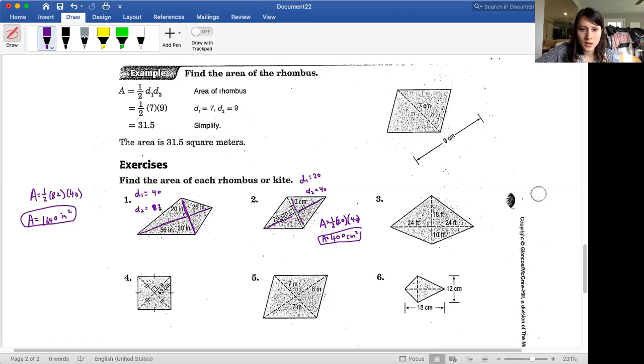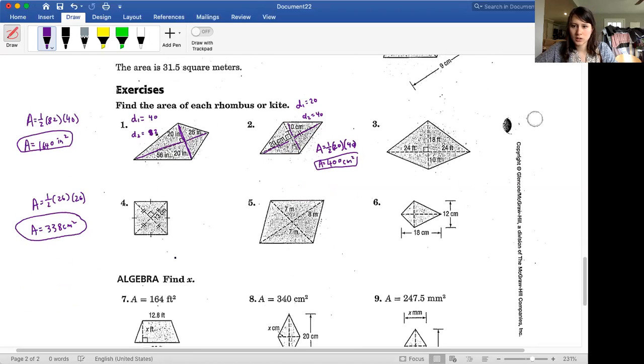Number 4, all the parts of the diagonal are the same, so I have 13, 13, 13, 13. When I multiply to find the area, it's 1/2 times 26 times 26, and the area equals 338 centimeters squared. Good.